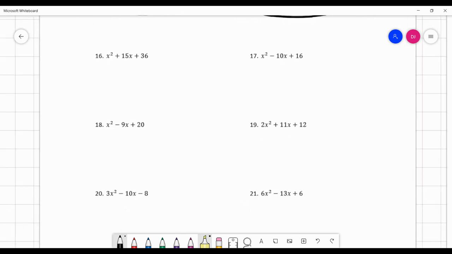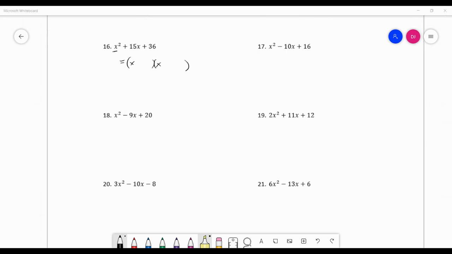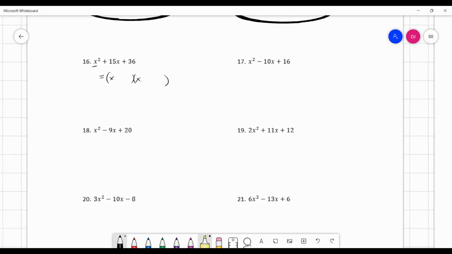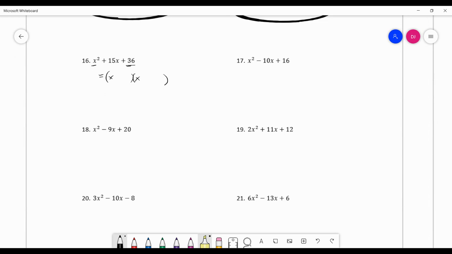So hopefully you tried number 16. We want to find a product of binomials. To get the x squared, I need x times x. Now I need to find the factors of 36 that add up to 15.